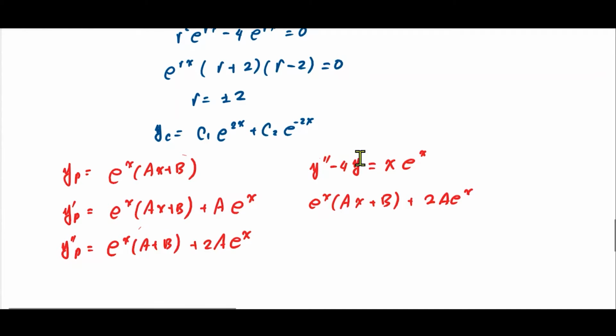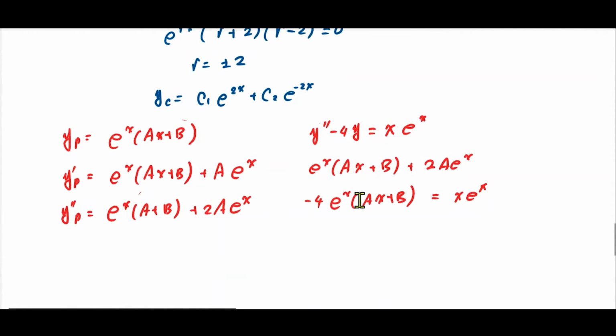And I have to multiply by 4, so minus 4 e to the x (ax plus b). And that whole thing needs to be equal to x e to the x. How's that? Good? Okay, now let's combine the like terms. So I have a x e to the x here, and then minus 4a x e to the x here. So what I have is negative 3a x e to the x.